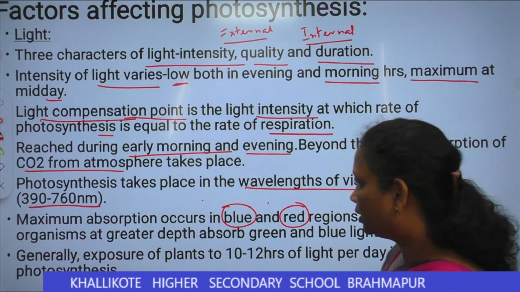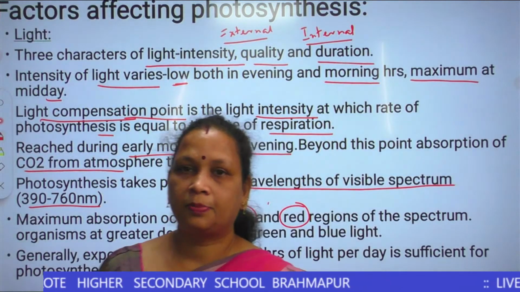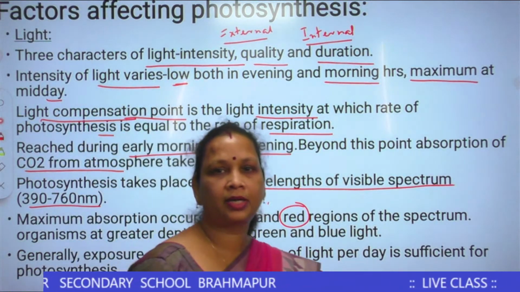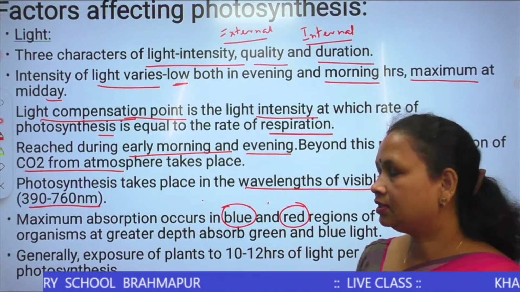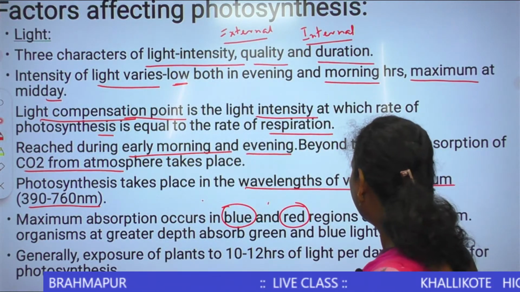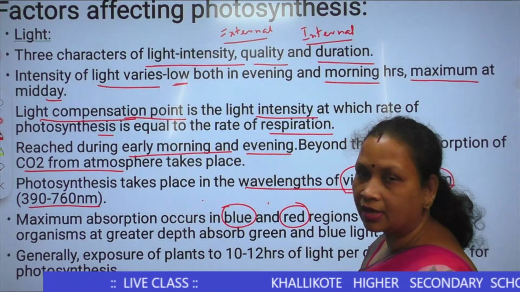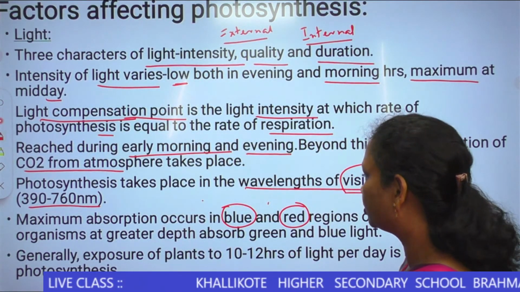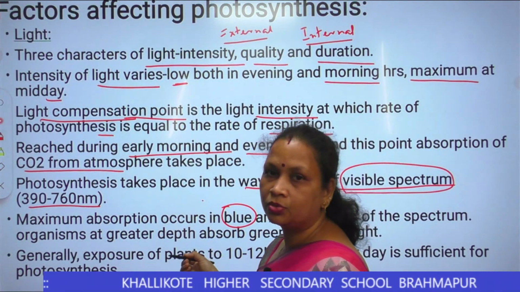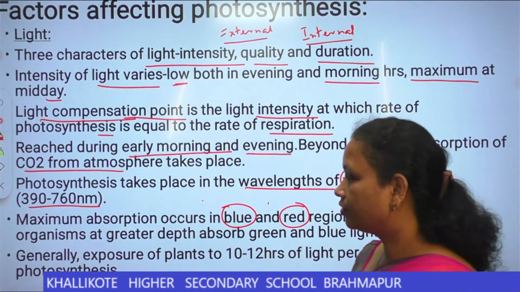The plants in the upper canopy of the forest generally use the entire visible spectrum. When we come to the lower levels of the forest, the plants will be using specific light wavelengths.